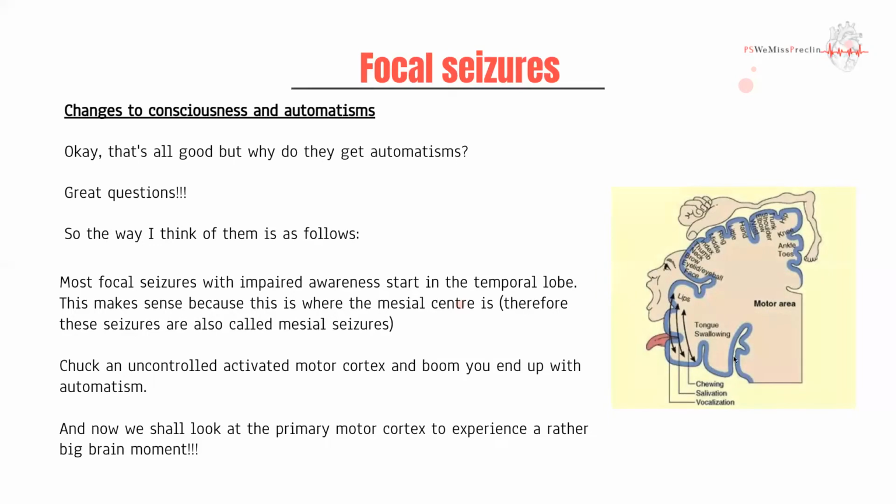This is the temporal lobe here, right? And if you imagine, if you knock out someone's awareness and then chuck a burst of electric activity in this part specifically, because remember, temporal, not parietal, the mesial center is located temporally, you're going to end up with movements of the tongue, movements of the face, of blinking, of hand movements, way before you end up with toe movements or moving the leg or the lower body, right?